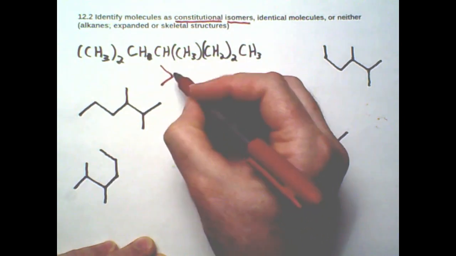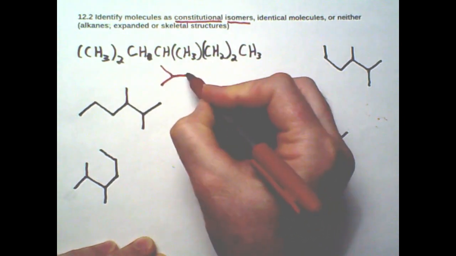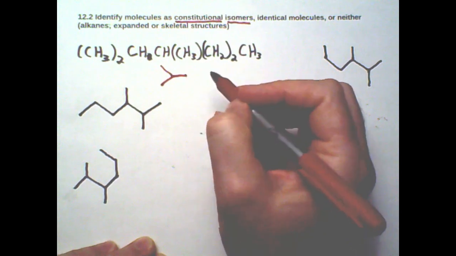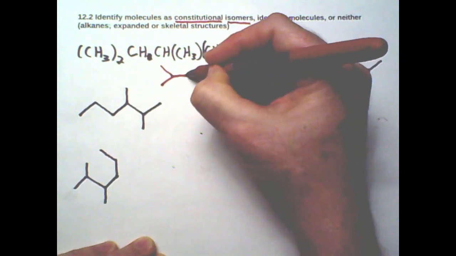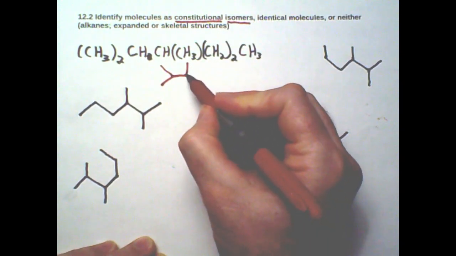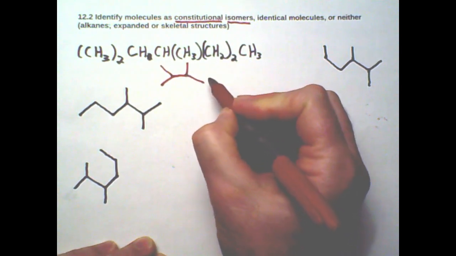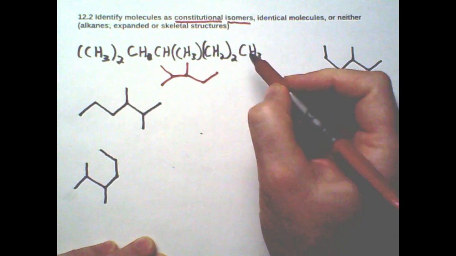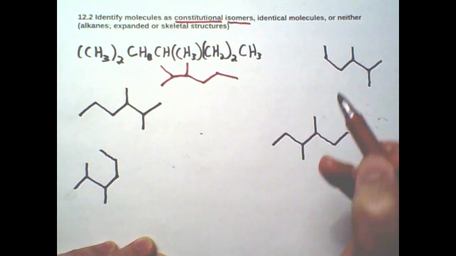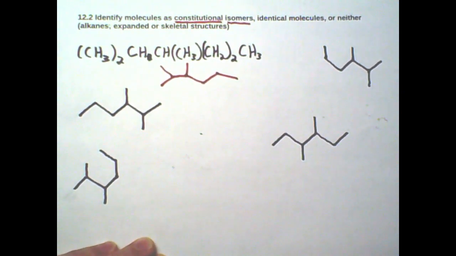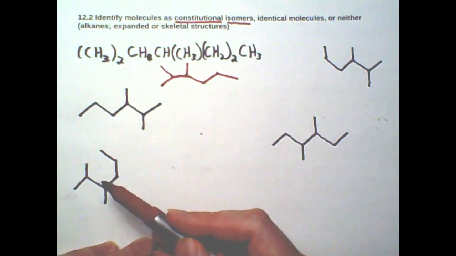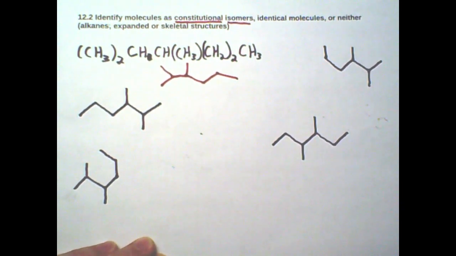Then I've got another CH, and it has a CH3, so that's got to be sticking out from it. Can't be in a chain with it. Two CH2s, 1, 2, and then a CH3. All right. The others I've already got as line angle structures.